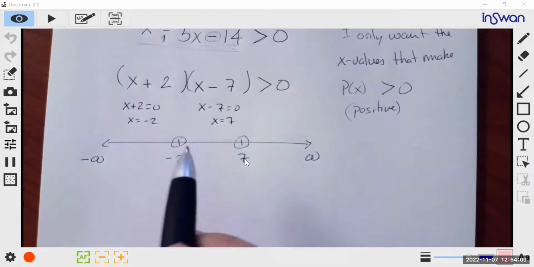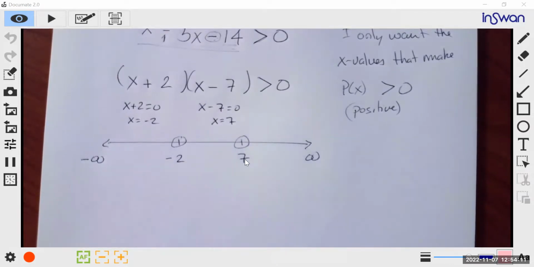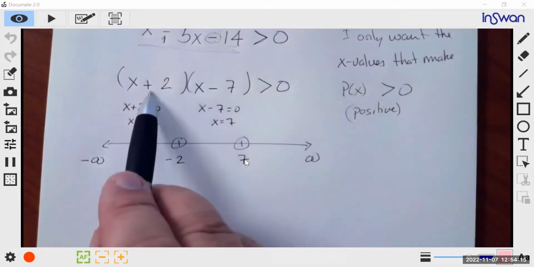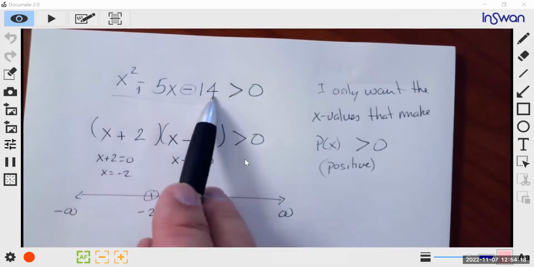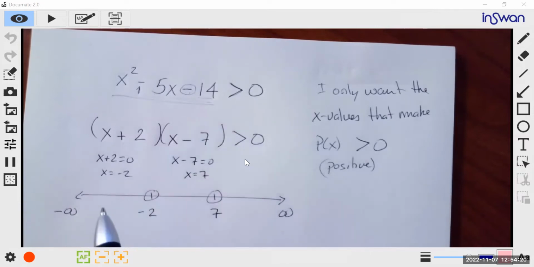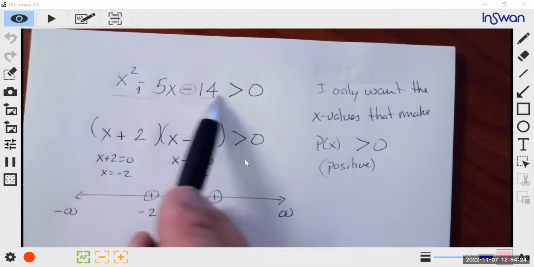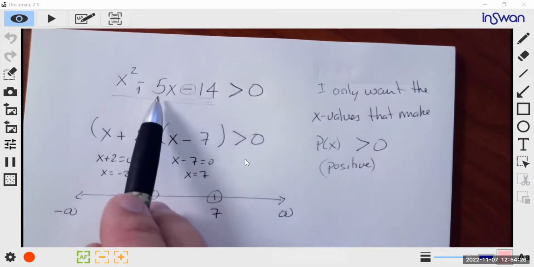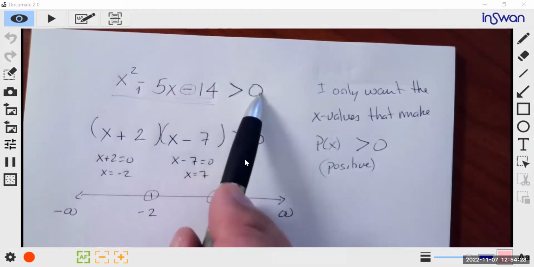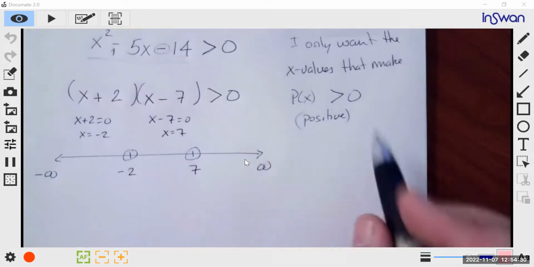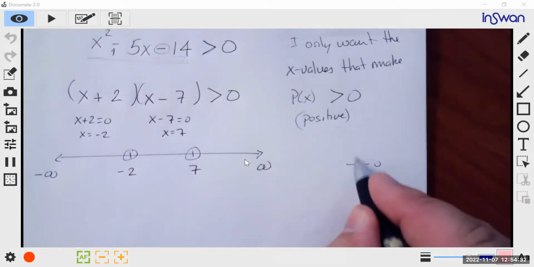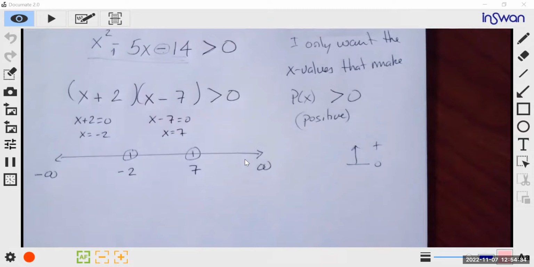So now, do I want my answers to be above or below the x-axis? What does it say? I'm looking for all polynomials greater than 0. Are these positive or negatives? Greater than 0? Okay. Yeah, if here's 0, greater than is positive.